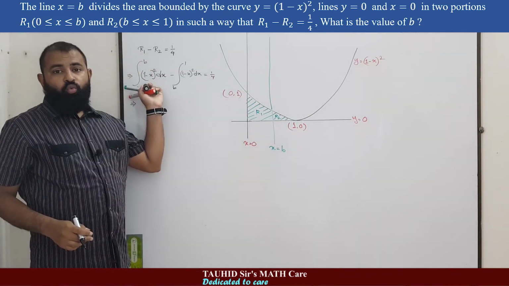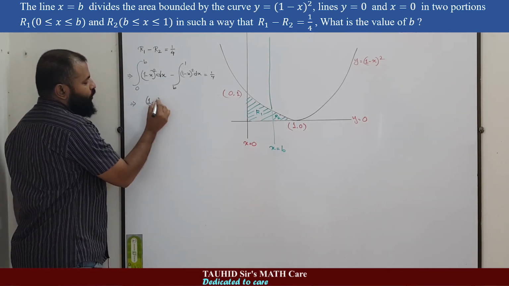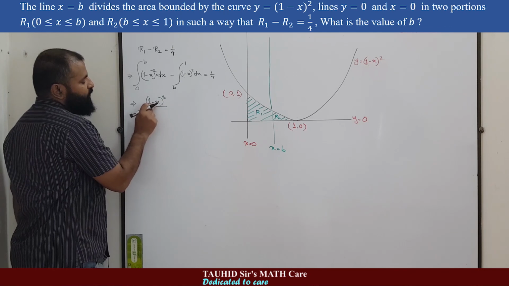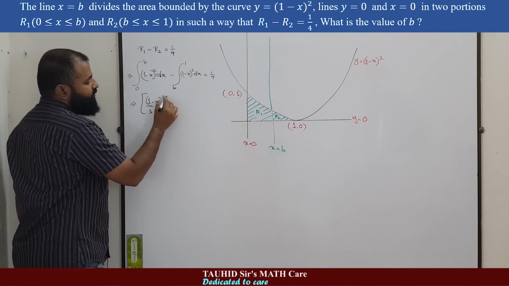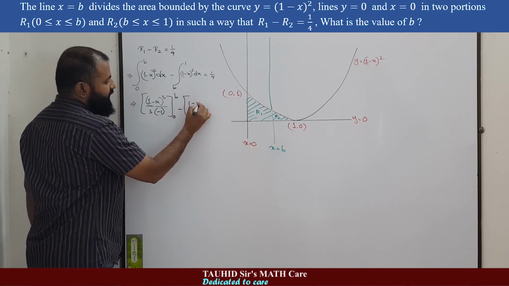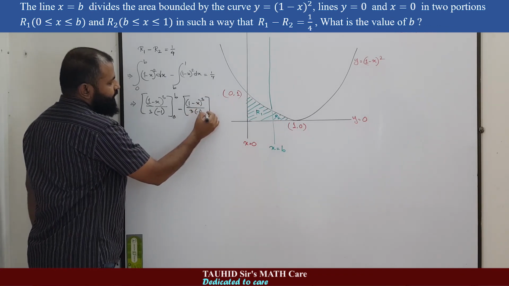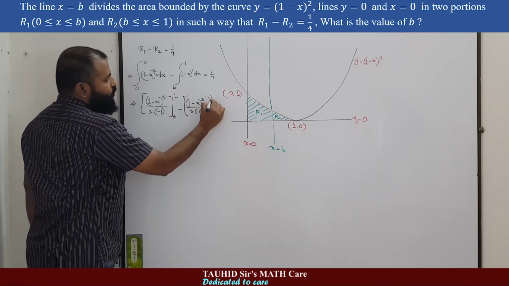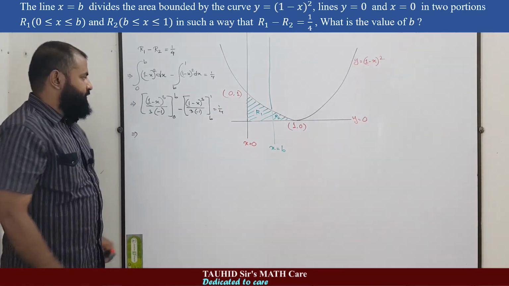While integrating (1 minus x) whole square, what do we get? (1 minus x) whole cube by 3, and for this minus x we will get a minus 1. The limit will be placed here, 0 to b, minus integration of (1 minus x) whole cube by 3 into minus 1, the limit will be b to 1, equal to 1 by 4. Let's put the limits.